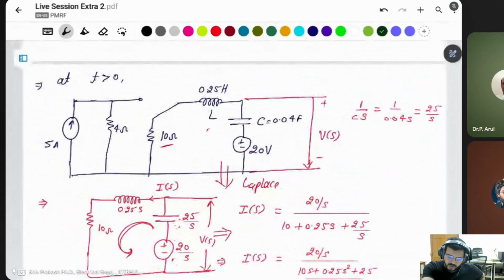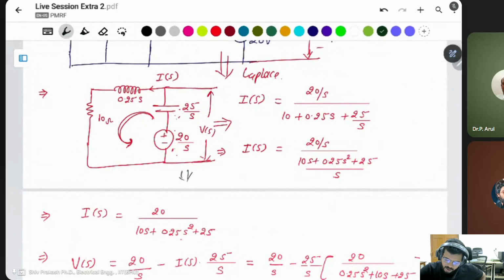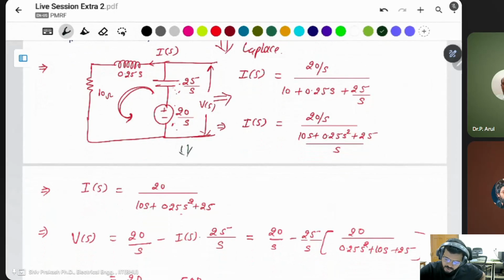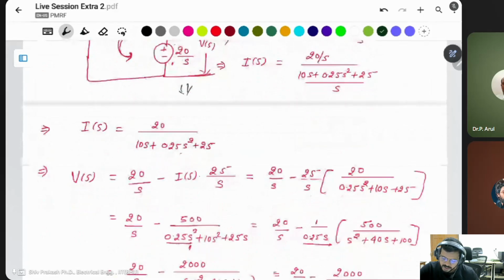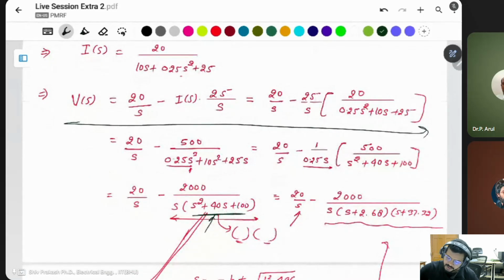Then make the Laplace circuit. After this, find the current, and you know the total voltage. Total voltage is the initial voltage minus the voltage drop across the capacitor. Once you get the equation, the further step is only solving this equation.